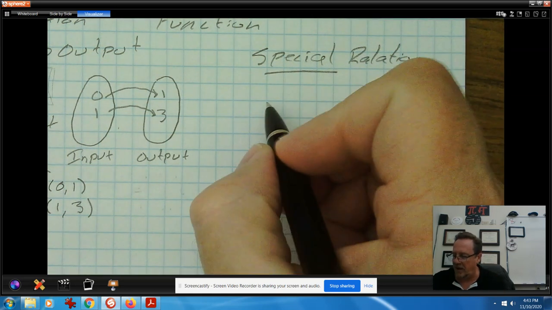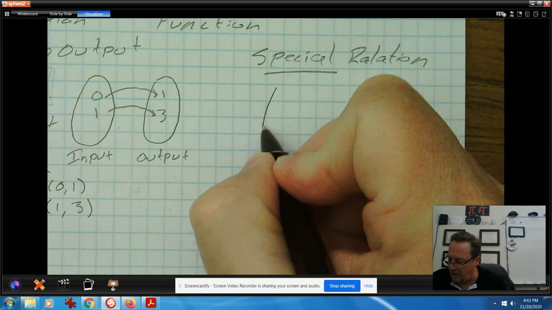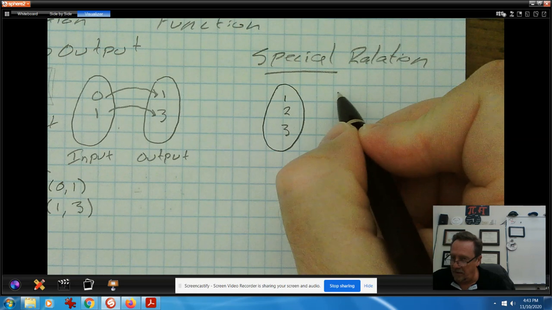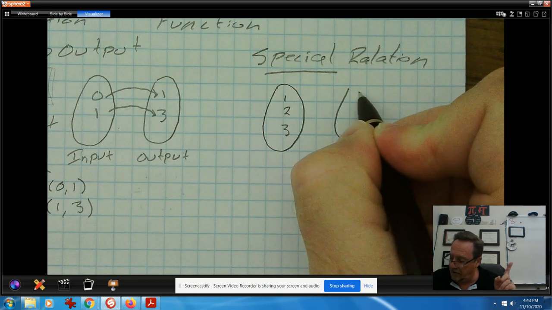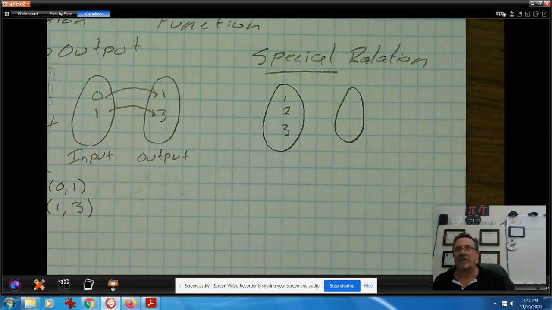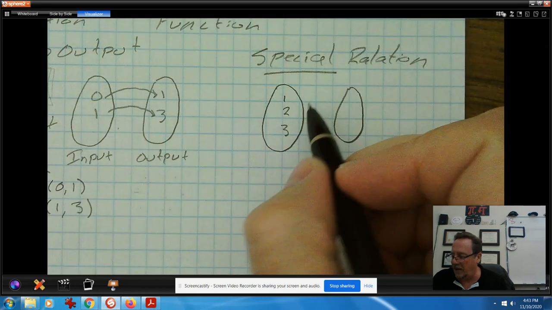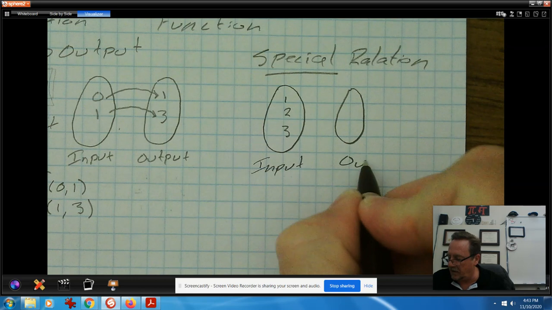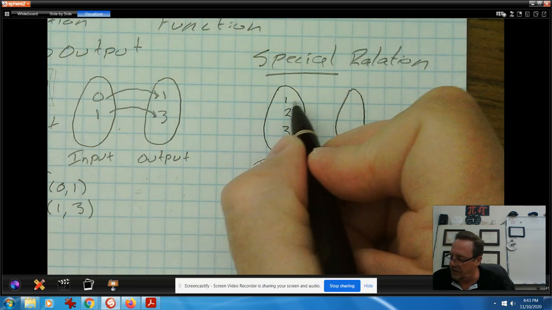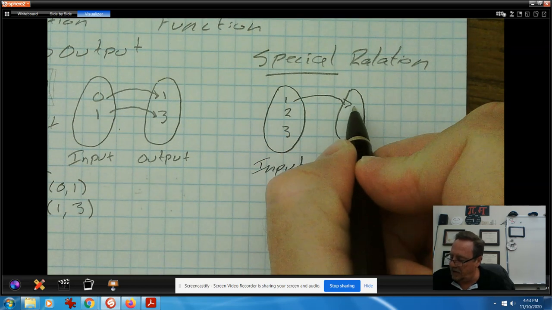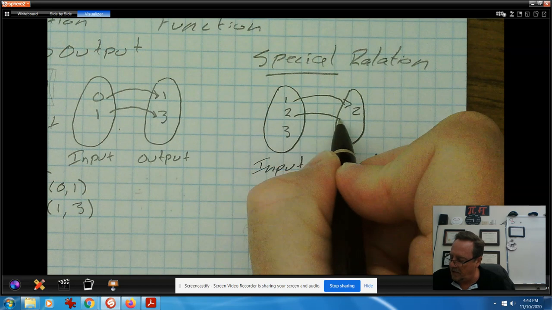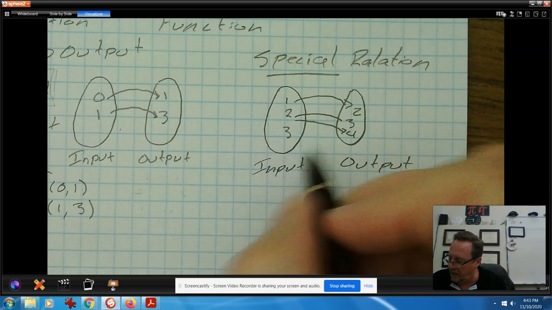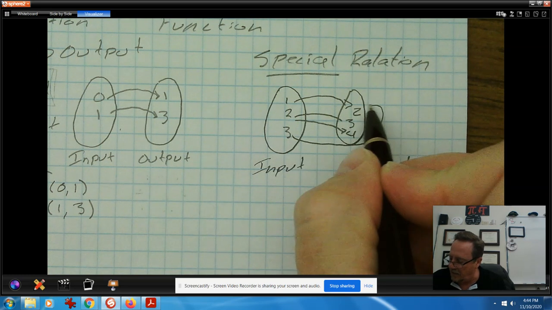Let me show you what's not a function. Let's do a mapping diagram, and I'm going to map these inputs to some outputs like this. 1 is going to get mapped to 2. 2 is going to get mapped to 3. And 2 is also going to get mapped to 4. And 3 is going to get mapped to 2.